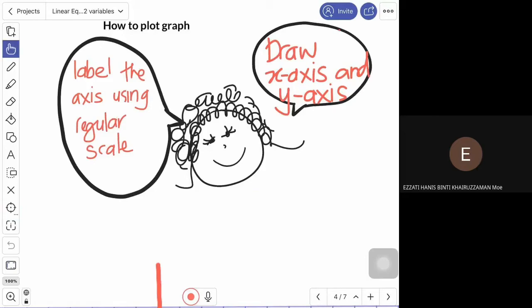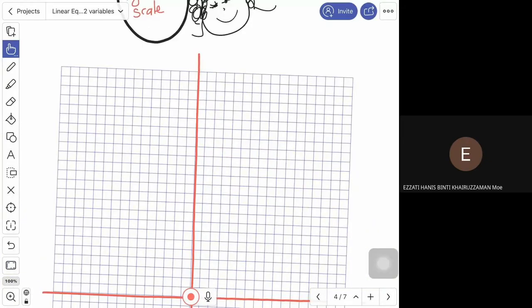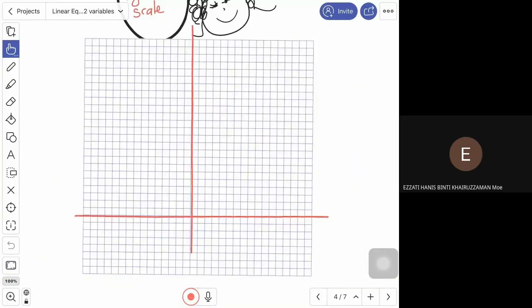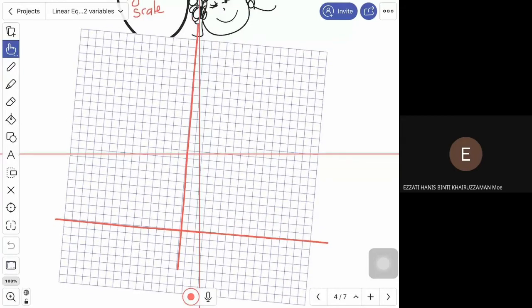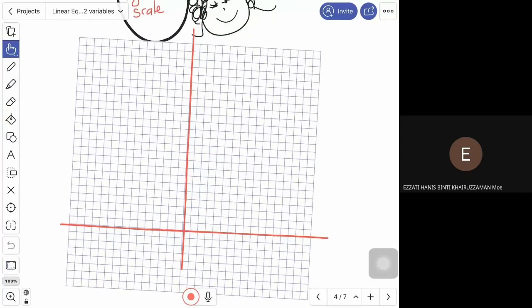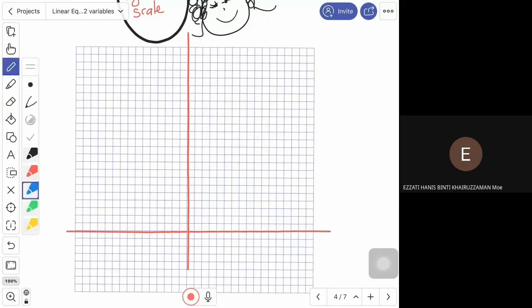Okay, right. Wait a minute. Let's look first. I'm going to demonstrate the correct way of labeling your axis. The horizontal line is the x-axis, which we label with x.